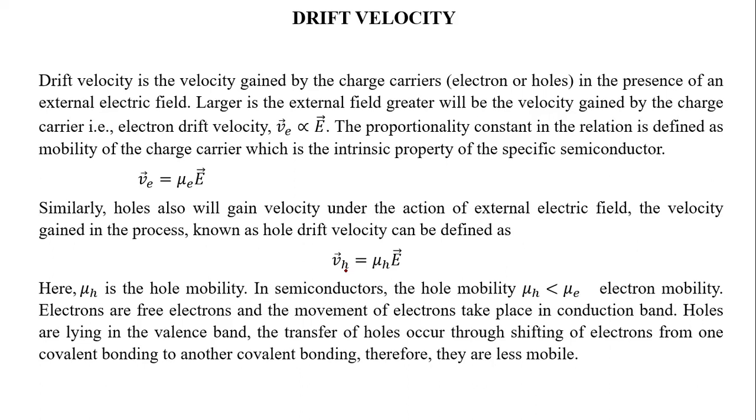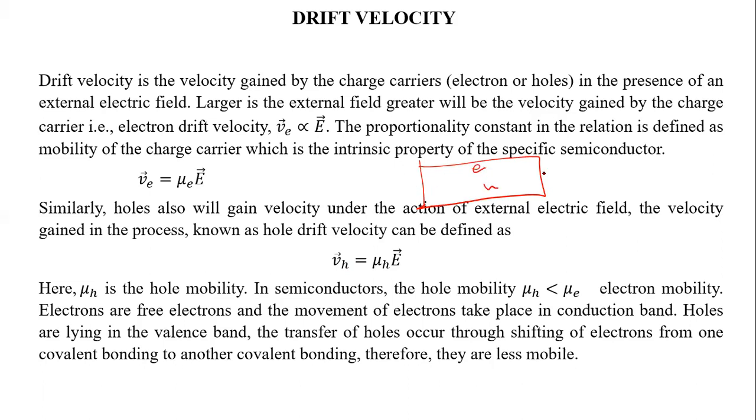But as I said, in semiconductors, in addition to free electrons, we can also have holes, right? The holes and the electrons will move under the action of an externally applied voltage or electric field. Suppose I take a semiconductor block here, and let's say it has electrons and holes.